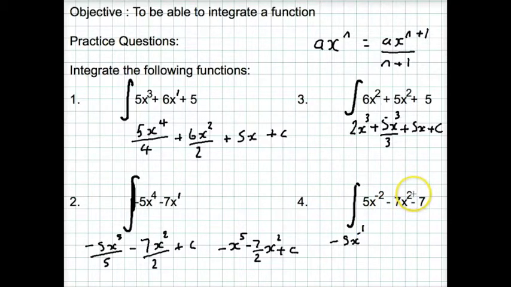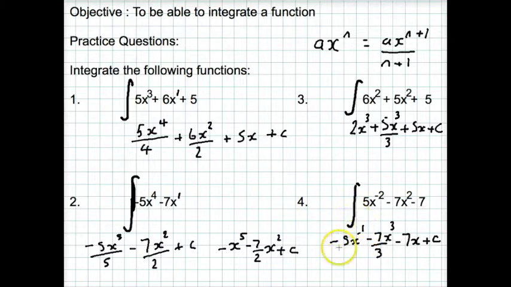The 2 would raise to a 3, so we'd have negative 7x to the 3 over 3. The minus 7 would turn into minus 7x, and don't forget our c as our constant of integration.